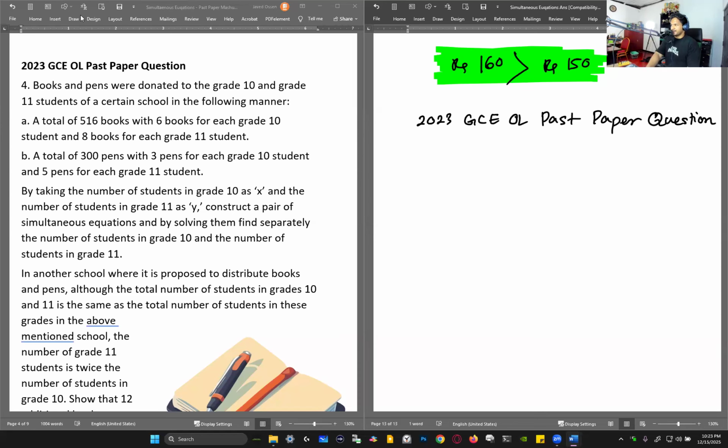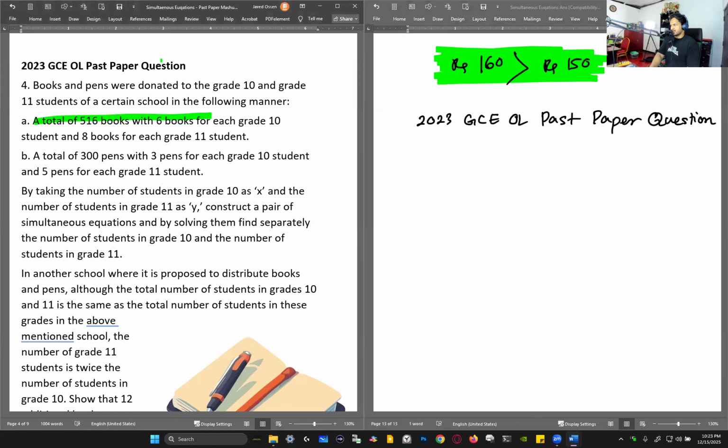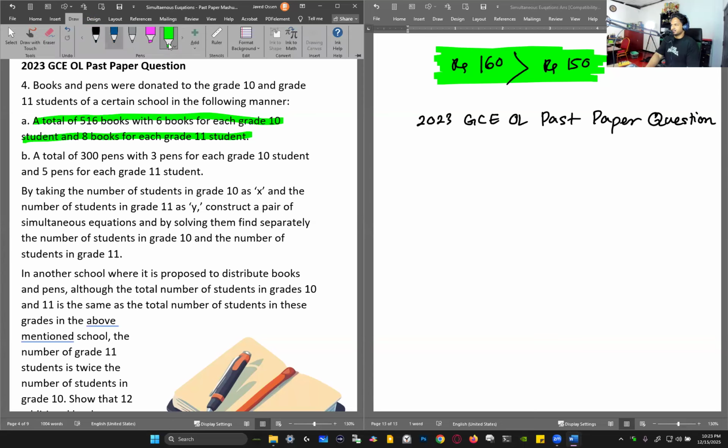So these are the data parts, okay? Might seem difficult, it's not. This is the first data point. A total of 300 pens, with 3 pens for each grade 10 student and 5 pens for each grade 11 student. Second data point, highlight it if you like.